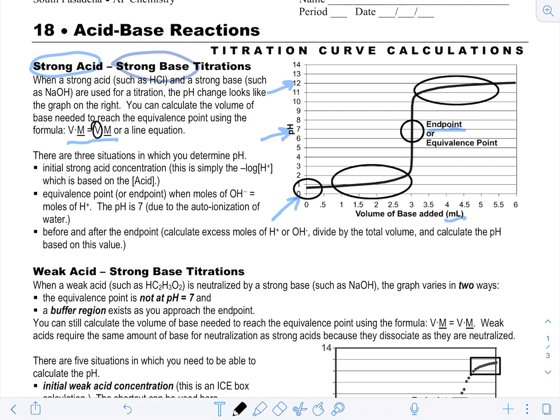So typically they give you the starting volume, the starting concentration, and then they'll give you the molarity of the second solution, and you're solving for the missing volume. So they're assuming that you're trying to figure out how much of the second solution, either acid or base, you would be adding to get to the equivalence point.